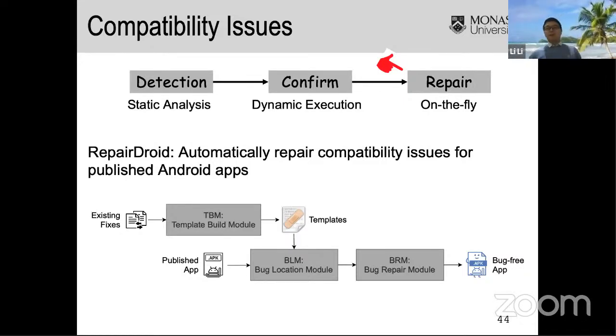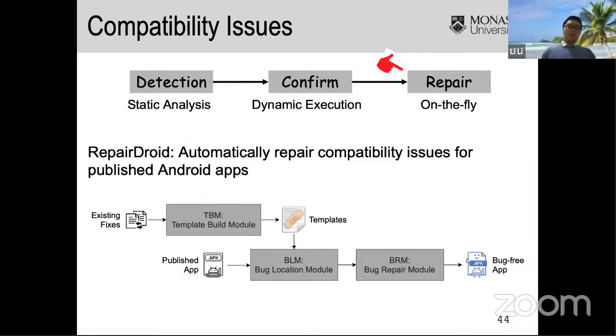We also believe it is important to repair them on the fly, meaning that when users are using the apps, if there are compatibility issues, we would like to directly repair them so that users can still use the app instead of encountering a crash or compatibility issue, which is really user unfriendly.